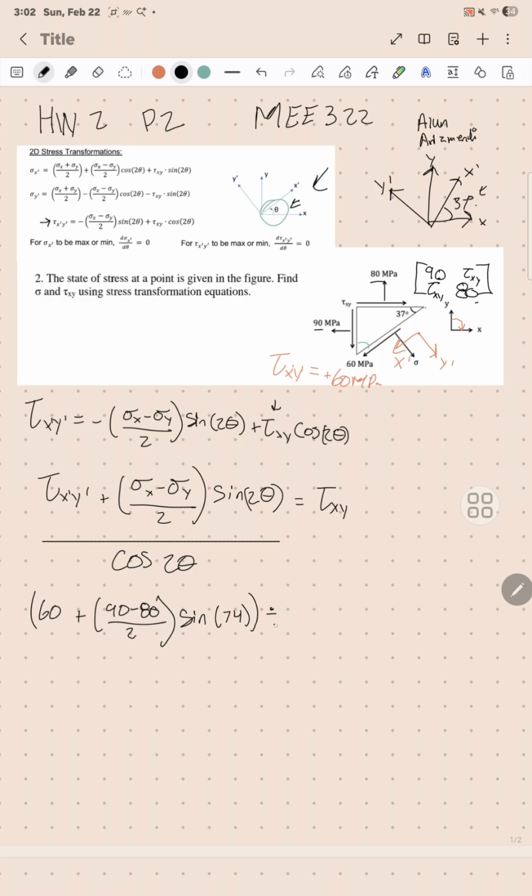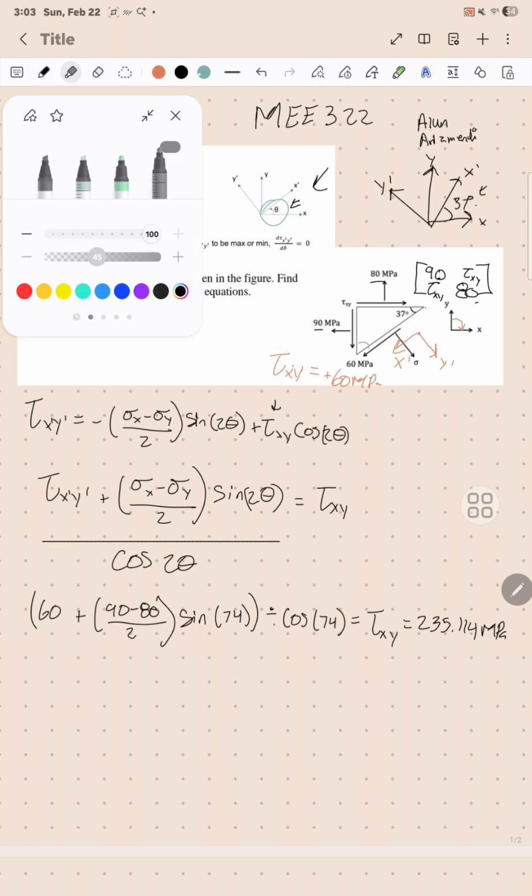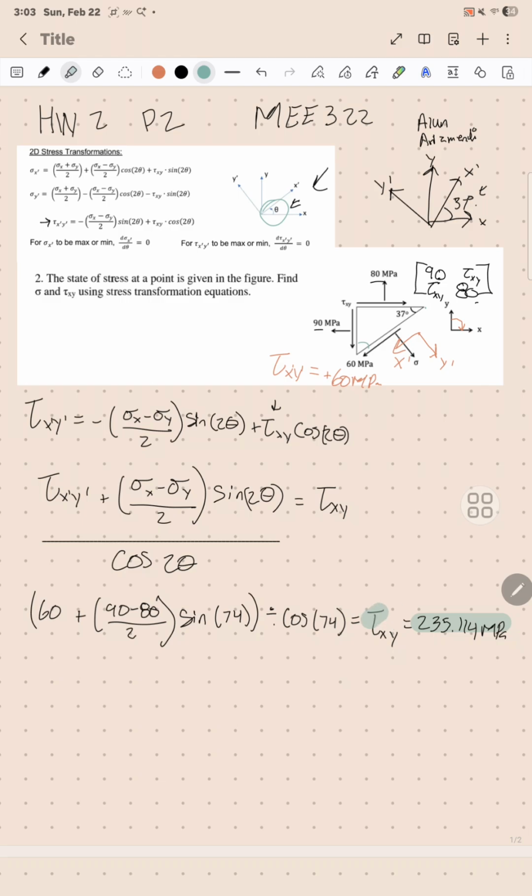And all of that divided by cosine of 74. And that's going to be equal to tau xy. Cool. So when I plug that into my calculator, I end up getting that tau xy is positive 235.114 MPa. Cool. I'm going to highlight that. Cool. And we're halfway done.